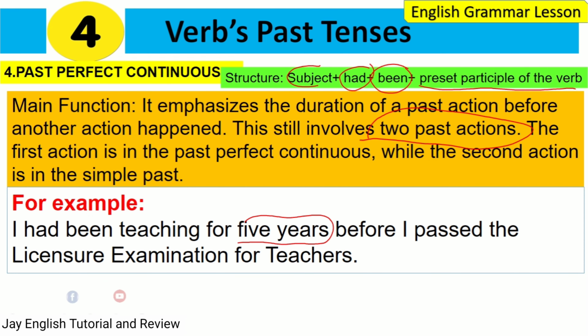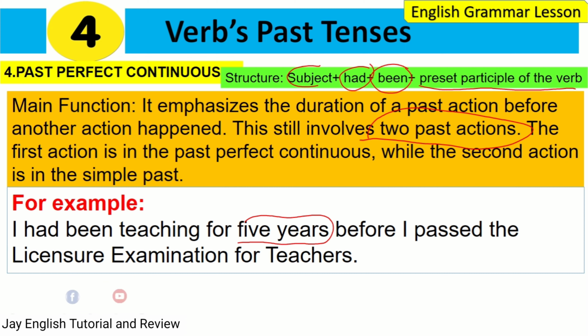If you can see in our example here, we have 5 years. I had been teaching for 5 years. In our past perfect earlier, we did not indicate any time duration in our first action. While in here, we are indicating the duration of time the first action happened. Okay, I had been teaching for 5 years.